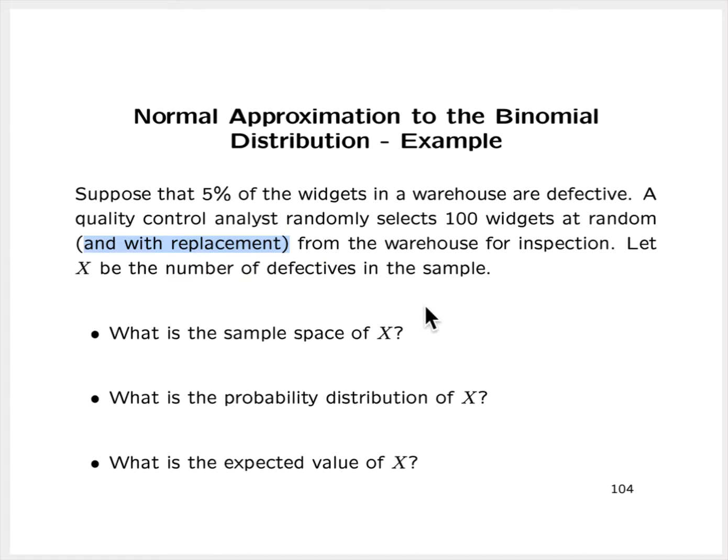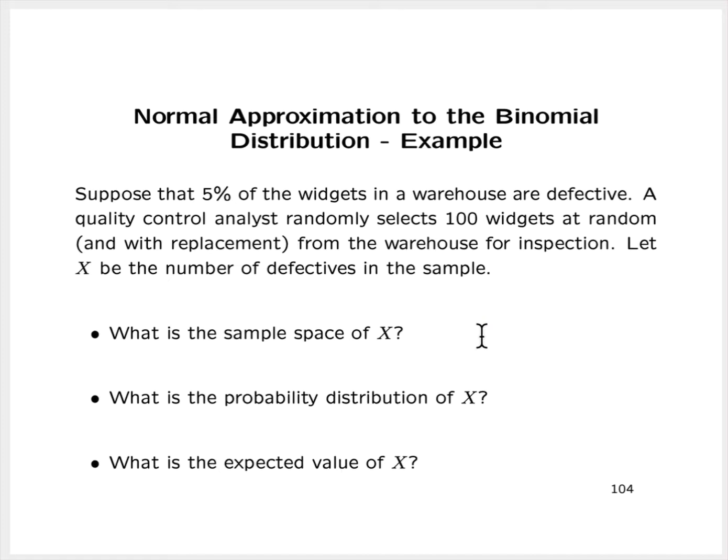That may seem like an unnatural thing to do in a quality control type of setting. When we sample with replacement, that would obviously make it possible for the same widget to be selected more than once. That is taken into account when we identify the correct distribution of X.